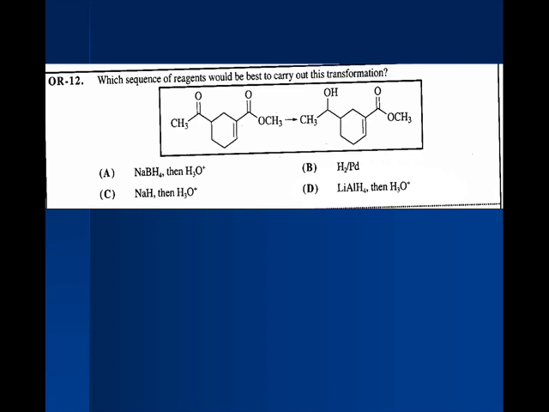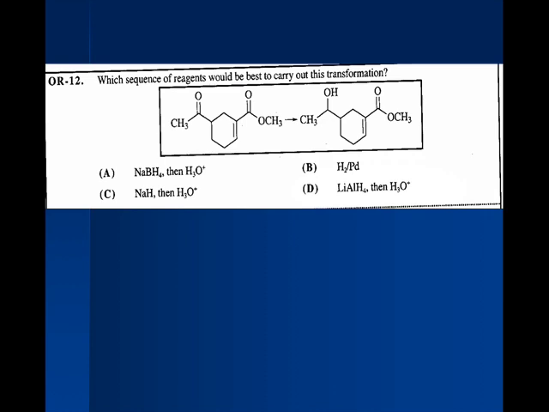We can also eliminate C, because C is sodium hydride. Sodium hydride does not behave like sodium borohydride or lithium aluminum hydride. Remember, sodium hydride is a base. It is not a nucleophilic source of hydride, interestingly enough, even though it is H-. It does not behave as a hydride reducing agent to react with a carbonyl.